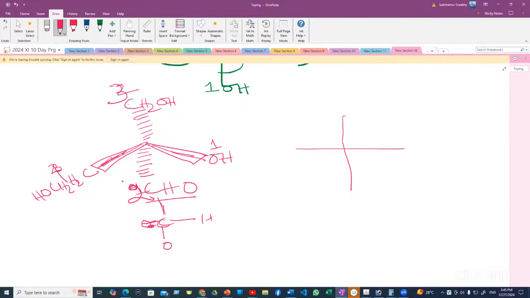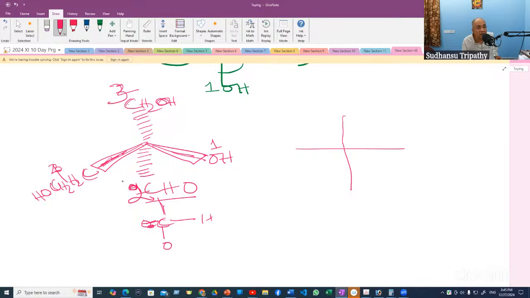Hydroxy wherever it is, it will be vertical and our shadow will be horizontal, CH2CH2OH, this is OH.